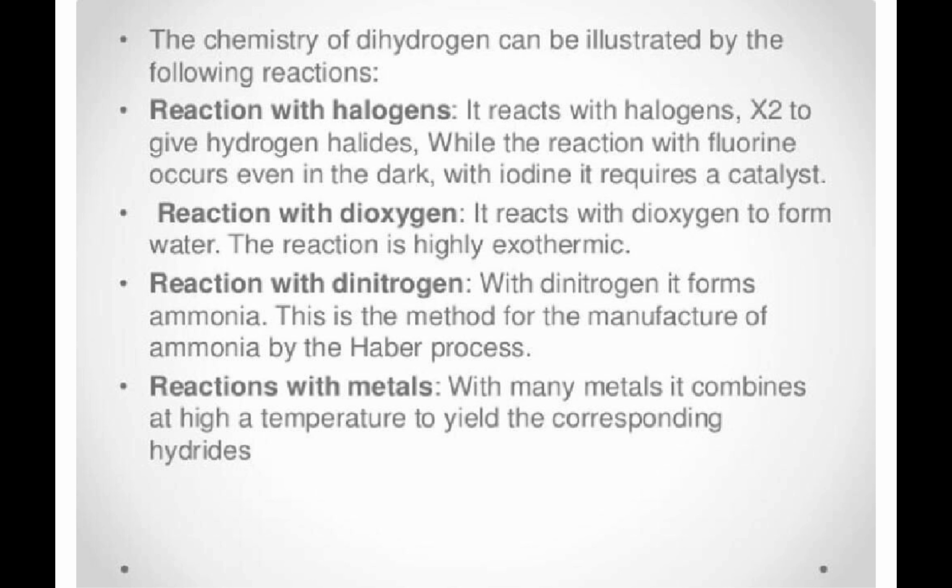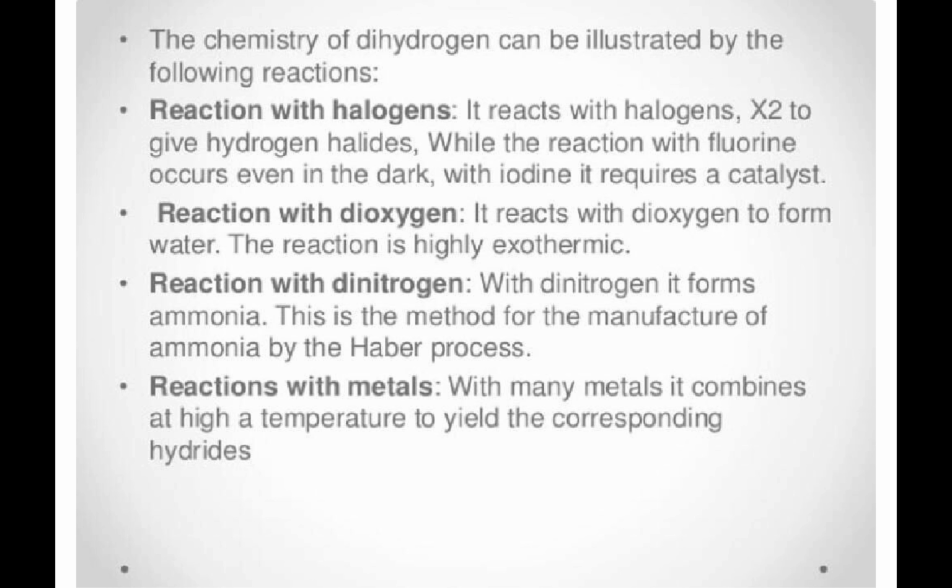And the following reactions of dihydrogen are very important. When it reacts with halogens X2 it gives hydrogen halides; the reaction with fluorine occurs even in the dark, and with iodine the reaction requires a catalyst, only then will the reaction take place. Reacting with dioxygen it gives water, a highly exothermic reaction.